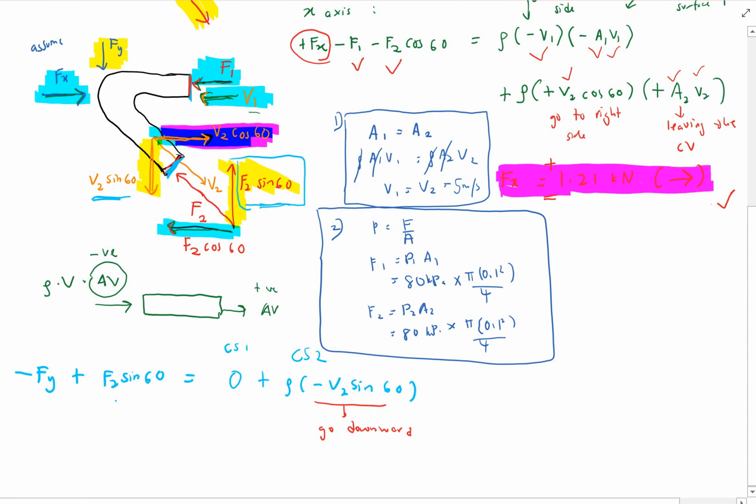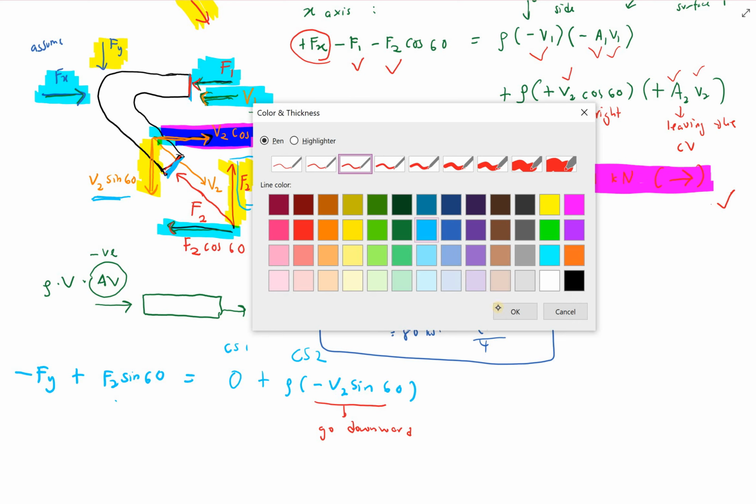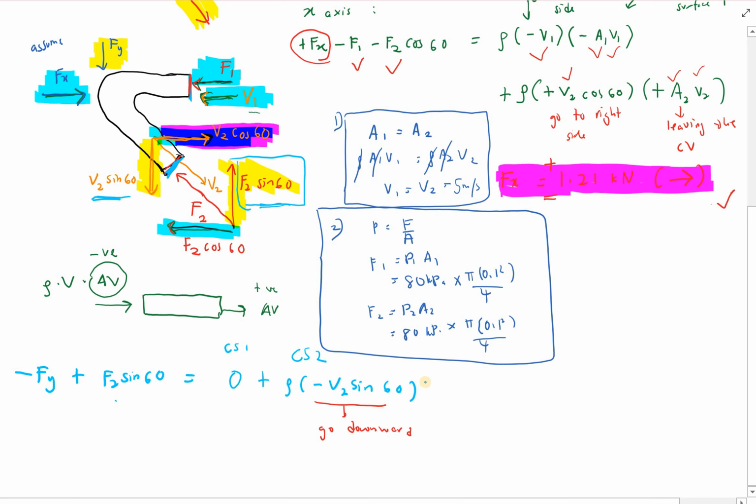And then your AV component is leaving the control surface, so A2 V2 plus.